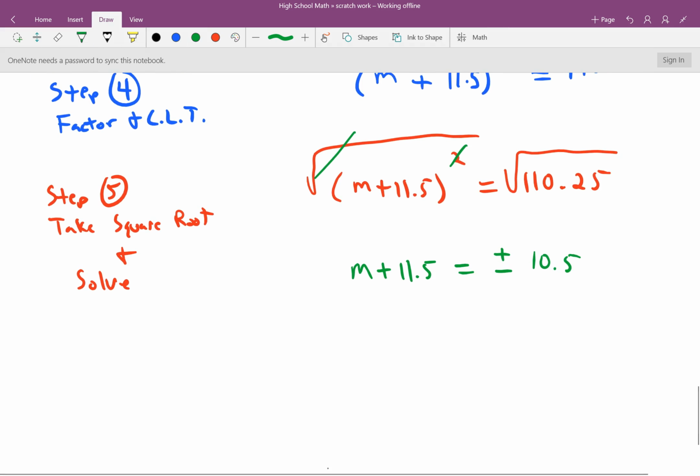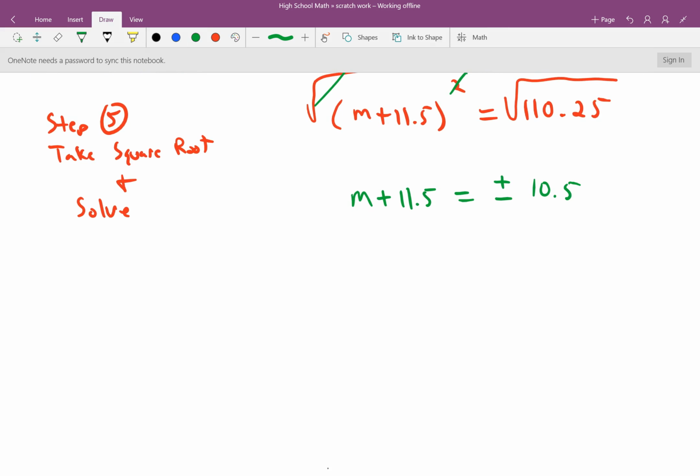Alright, so now again we have the same deal where we have two solutions. One is m plus 11.5 is equal to a positive 10.5, or m plus 11.5 is equal to negative 10.5. So you see the plus and the minus version of that.